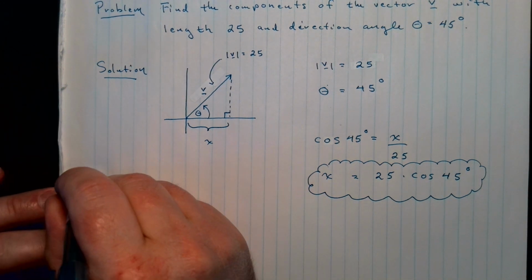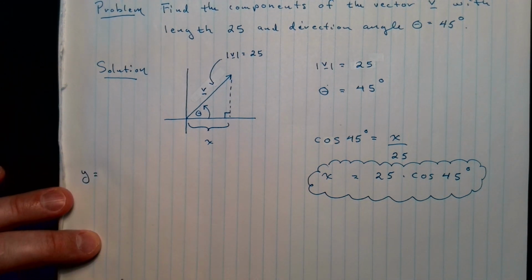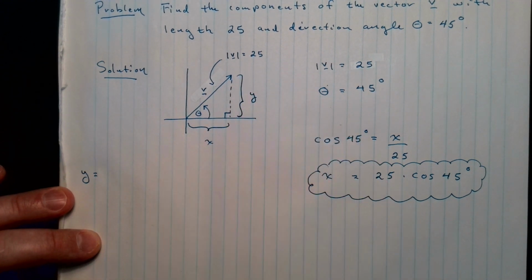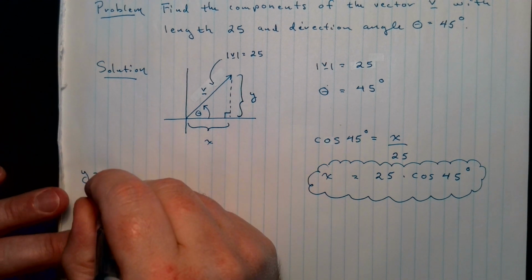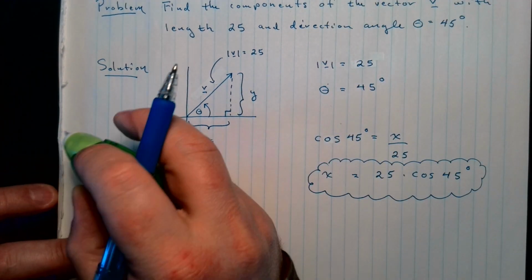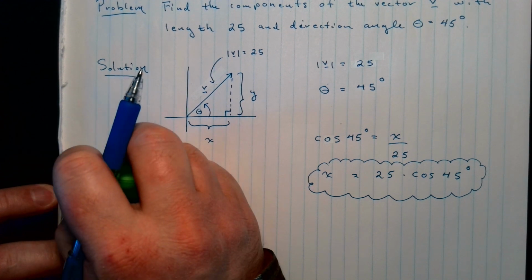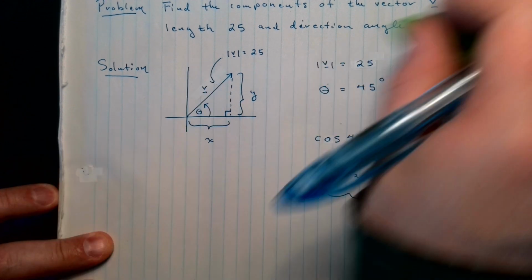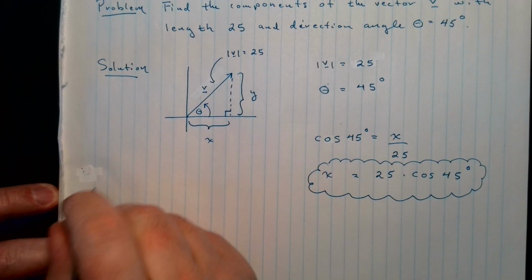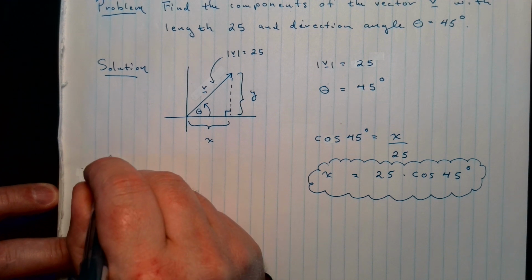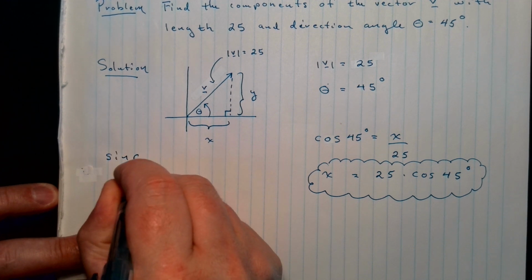Our y component, if you guys remember trig ratios, so here's the y value. Let's set up a trig ratio first instead of going directly to the value itself. So we use the following trig ratio.